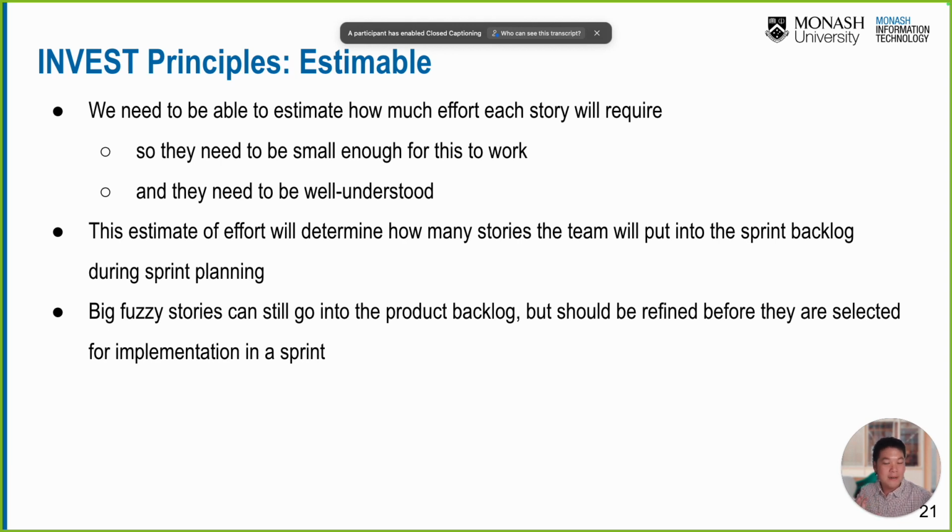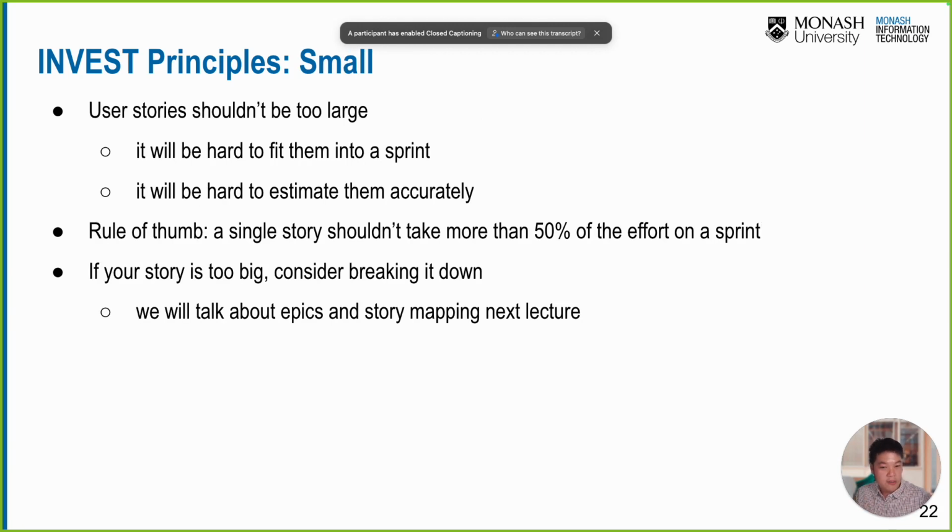What is the budget? Because this user story requires this amount of effort, we know the remaining effort that we have during the sprint. So it is very helpful during task prioritization as well. It should be small enough. It should not be too large.